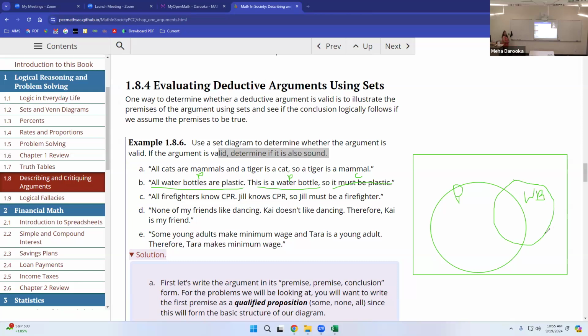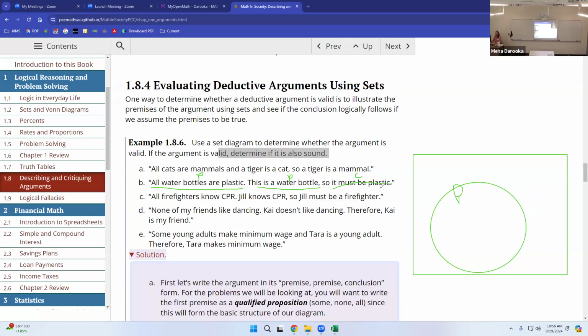So some water bottles are plastic, right? So we could put some in there, but if they are saying all water bottles are plastic, then I'm almost thinking, because it's the same kind of statement as the A, are we supposed to put that circle inside? All water bottles are plastic. Are we going off the statement?